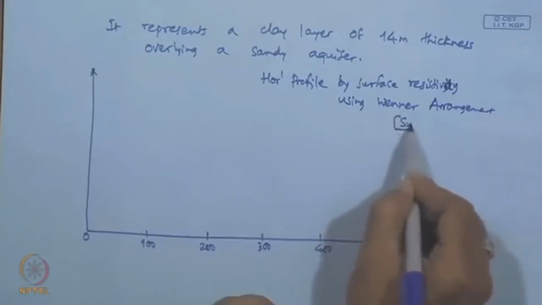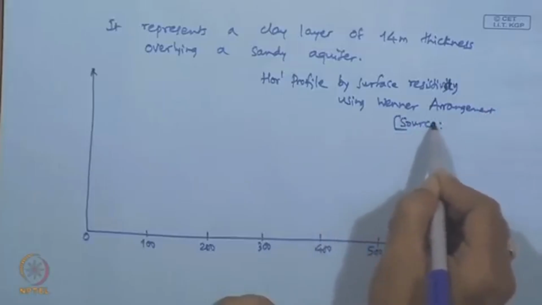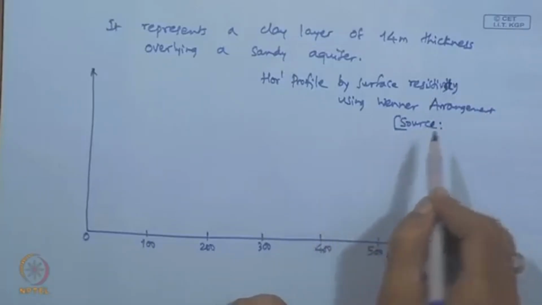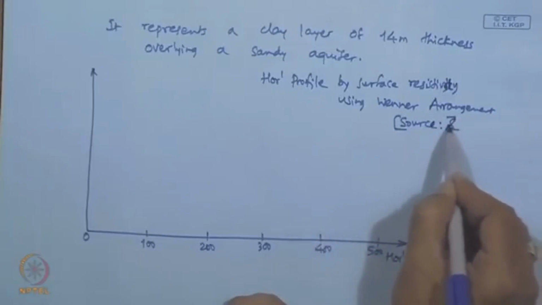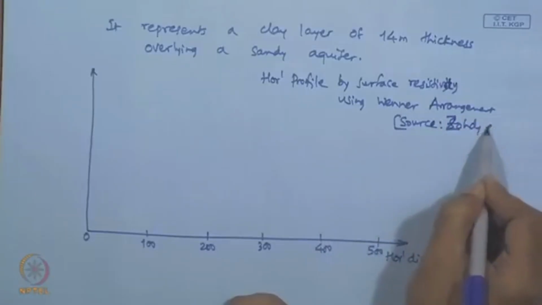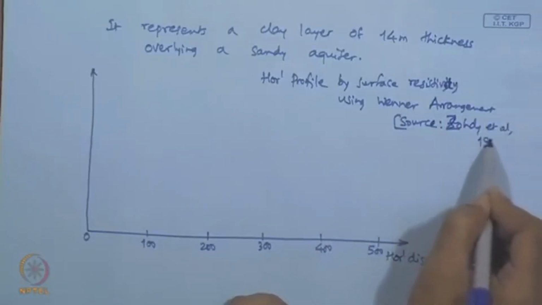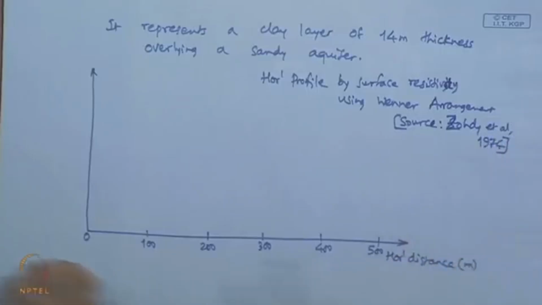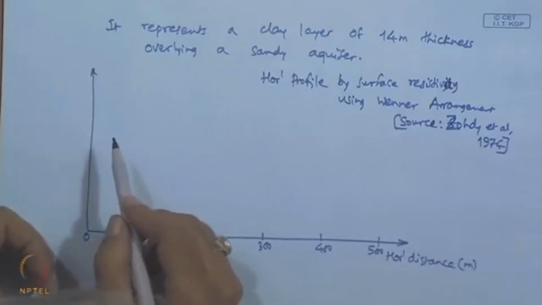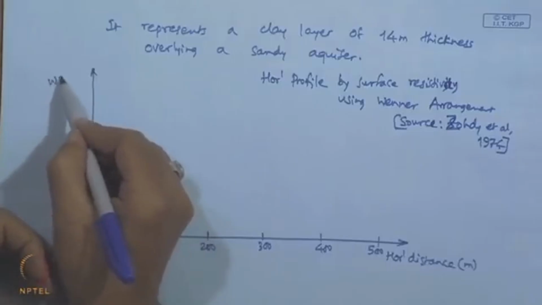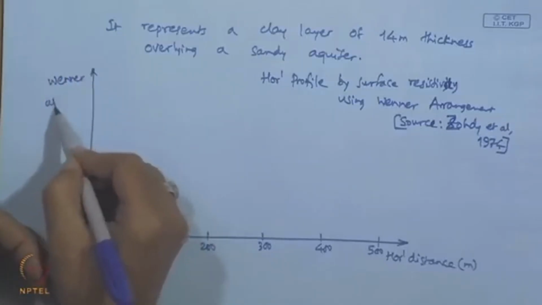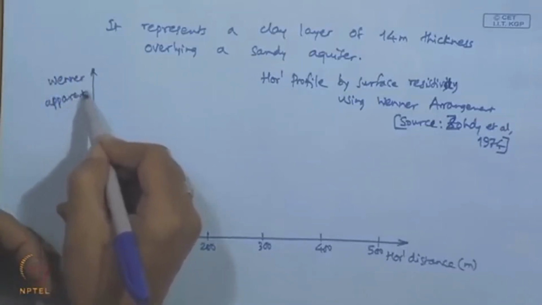Again the source is the same, that is Zohdy et al. 1974, and the vertical scale represents the Wenner apparent resistivity.